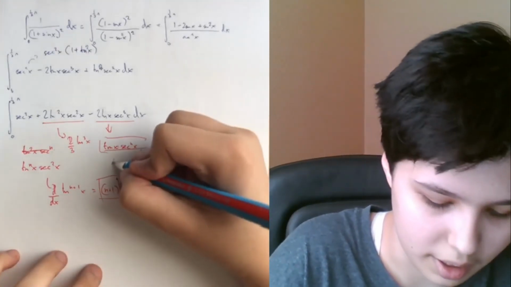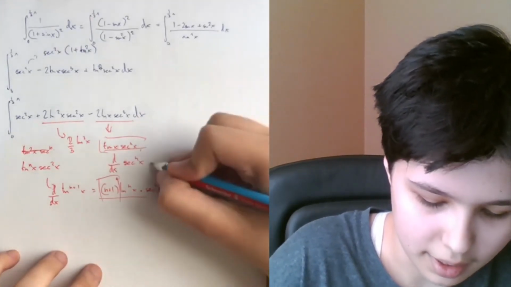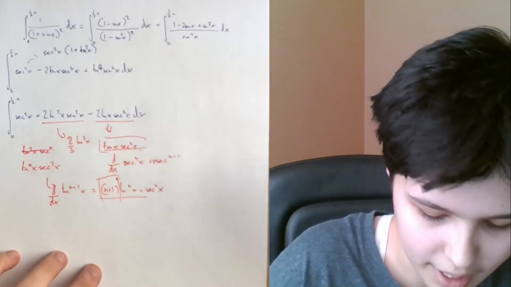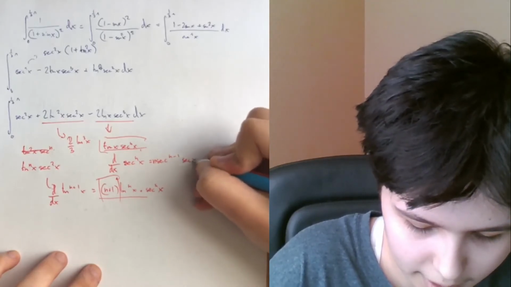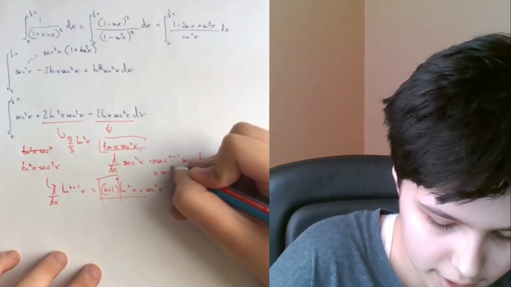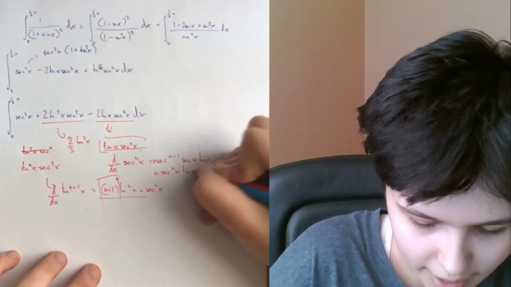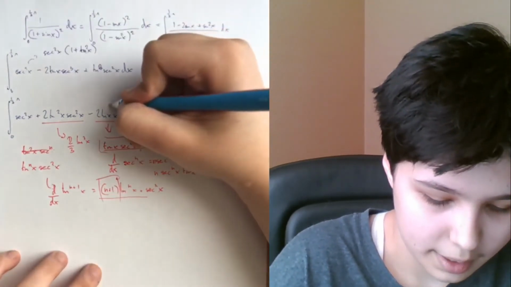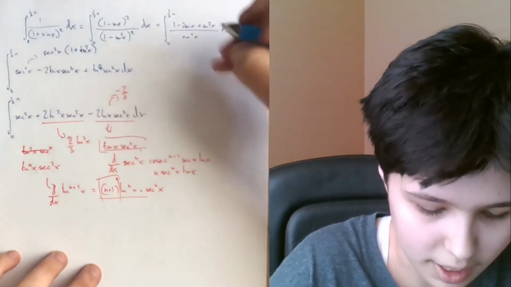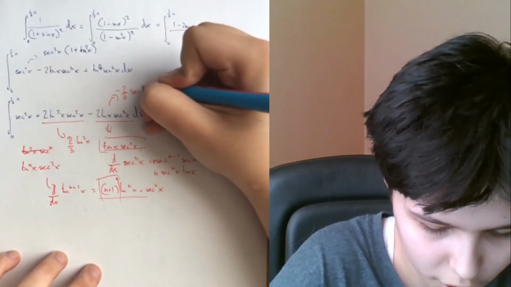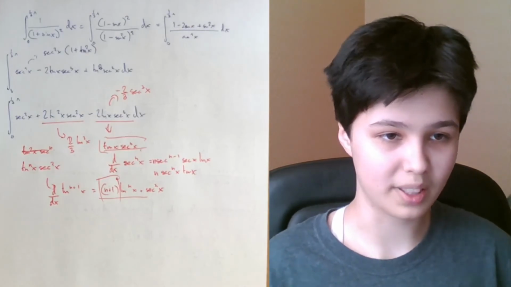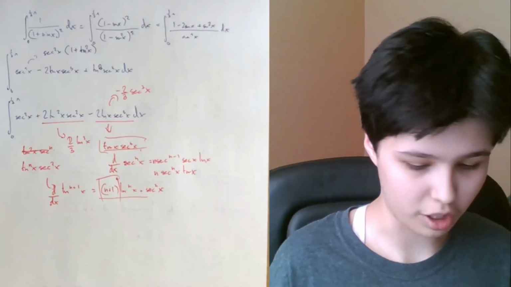So if you take the derivative of this, it gives you sec to the n minus 1 x times n times sec x tan x, which gives you n sec nx tan x. So this is going to integrate to give me minus 2/3 sec cubed x. But do remember these for standard integrals, not just in this question.